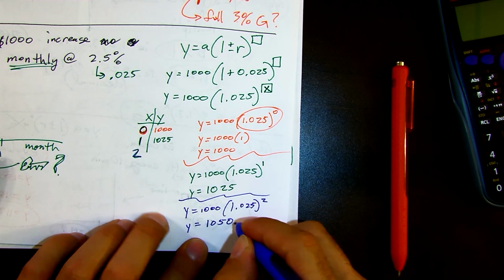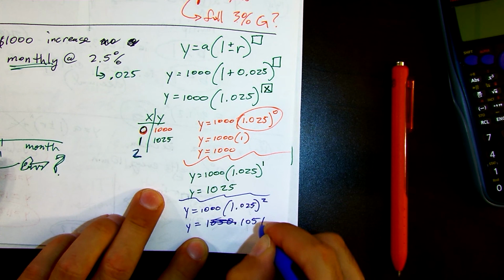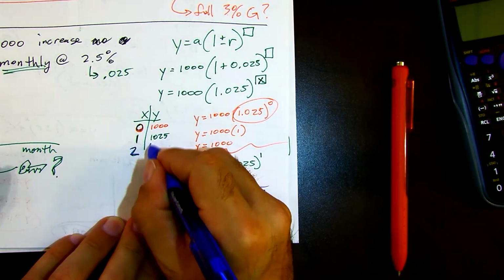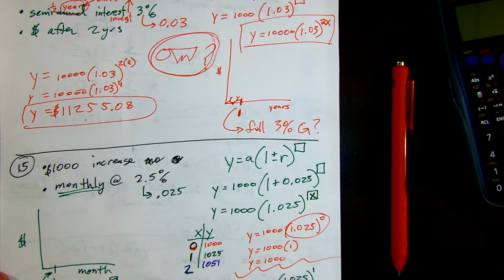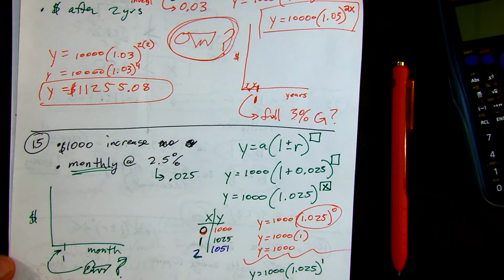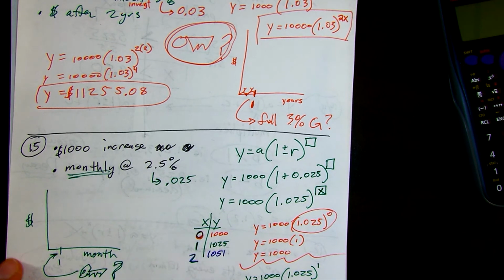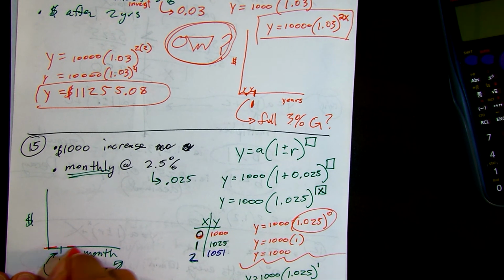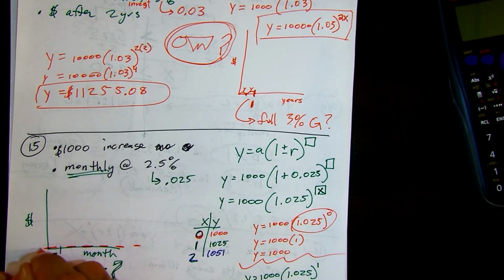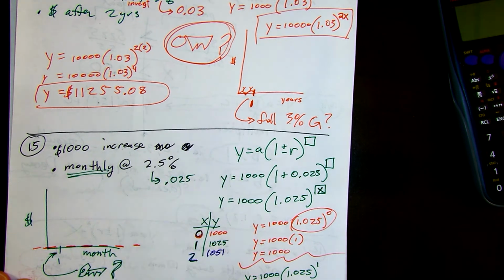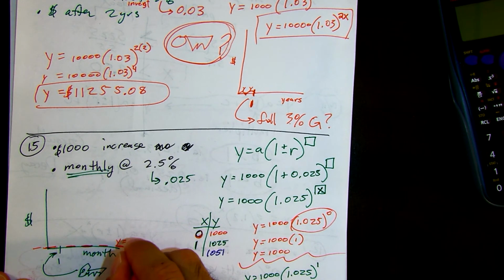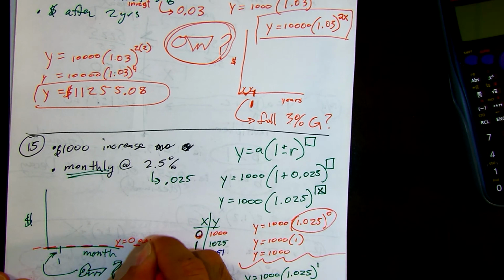Nice, Kimberly, you got it. 1.025 raised to the second power, times 1,000, is 1,050 and 60 cents. So I'm going to actually make this 1,051. It's going to be more accurate on this graph that has numbers going up to 1,051.